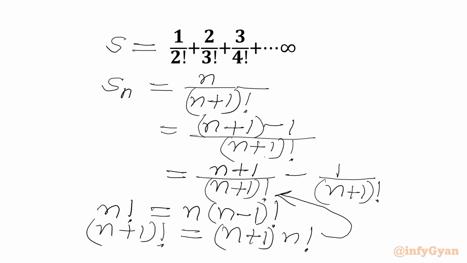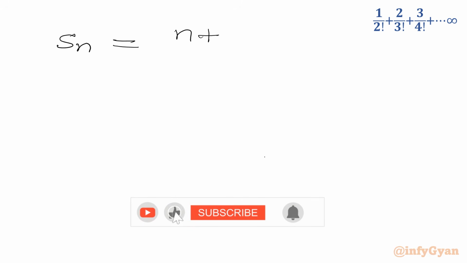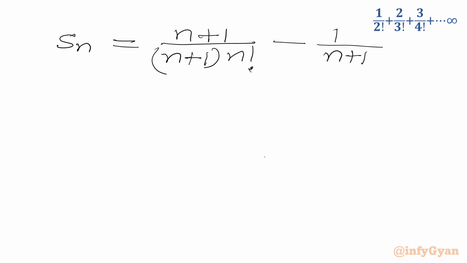So we can write Sn will be (n plus 1) over (n plus 1) times n factorial, minus 1 over (n plus 1) factorial.